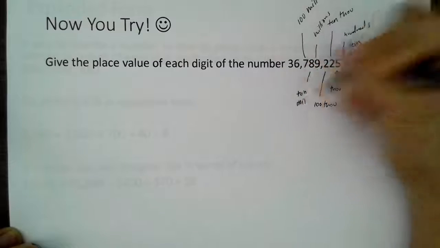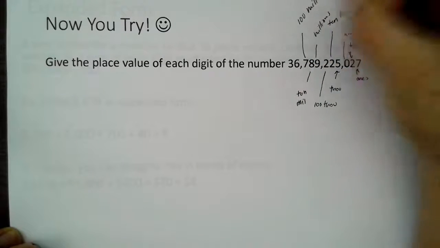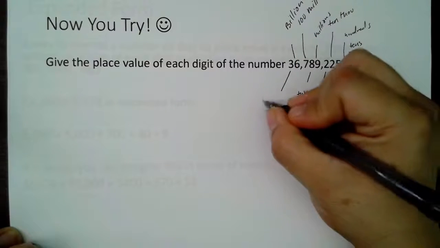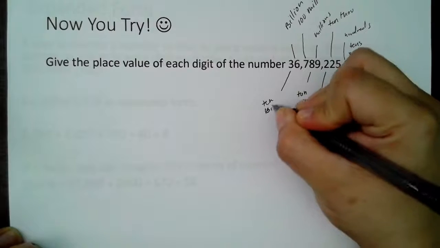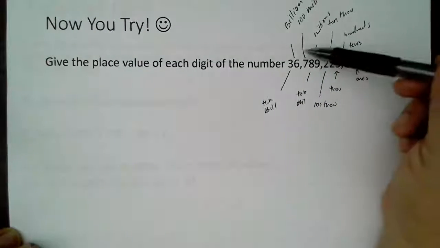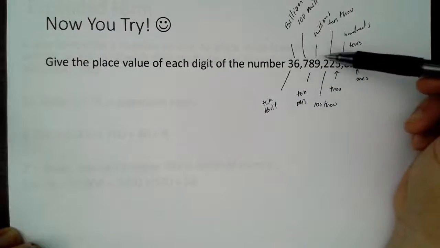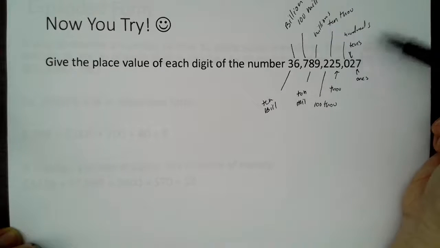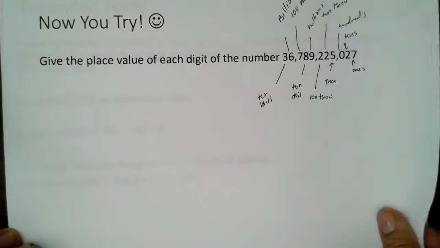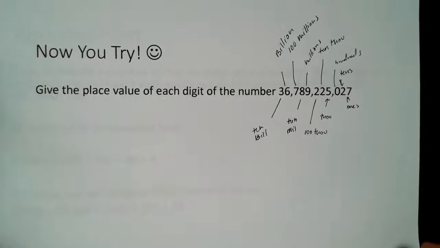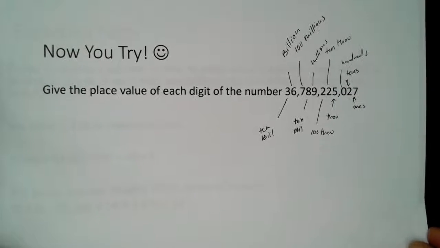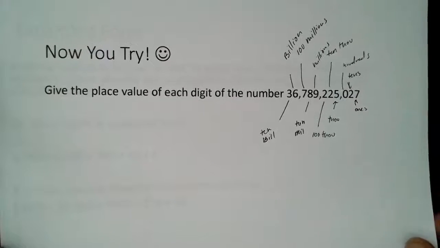This is an M, millions. Then you'd have billions and 10 billions. So you would read this 36,789,225,027. Okay, I'm sure you've seen this before, but it's not bad to refresh.